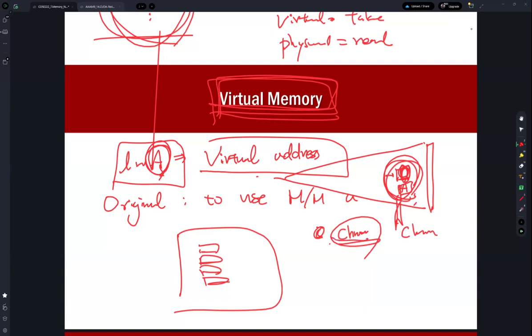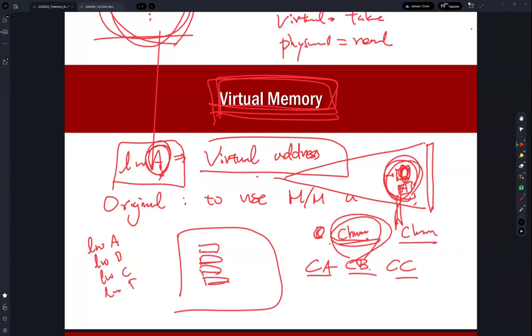I just execute the same binary code multiple times, like Chrome A, Chrome B, Chrome C, right? Because the binaries are the same, the Chrome binaries include the same load instructions, right?